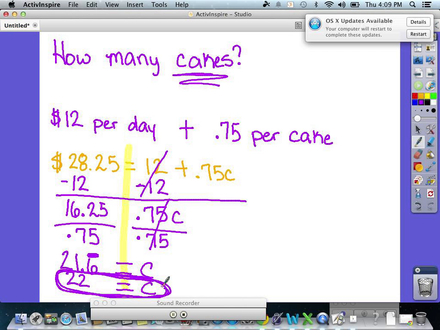The next problem that we will be doing will be number 9. Number 9 says to solve this equation.